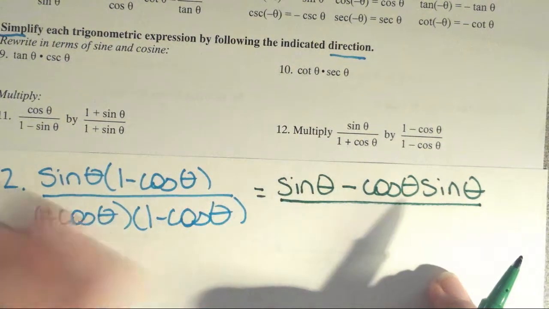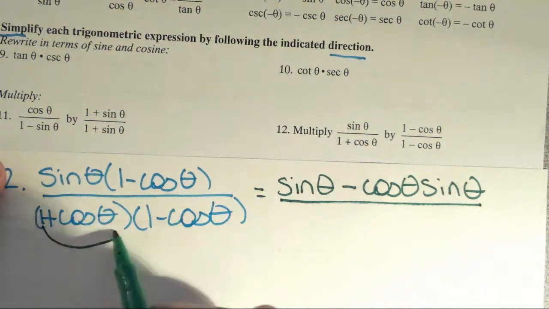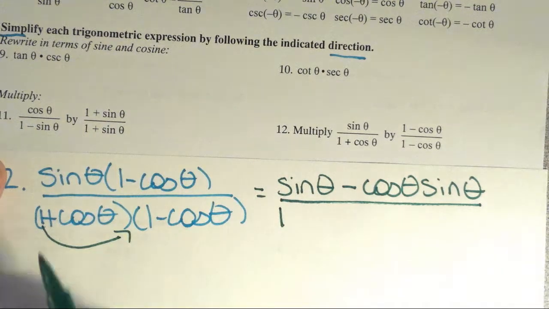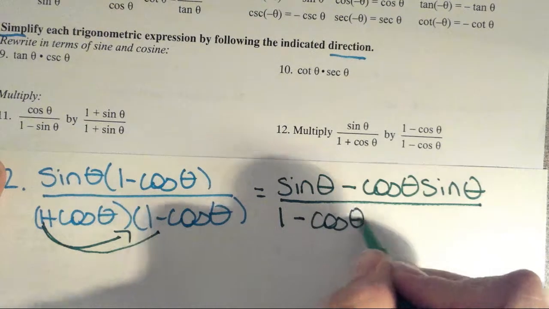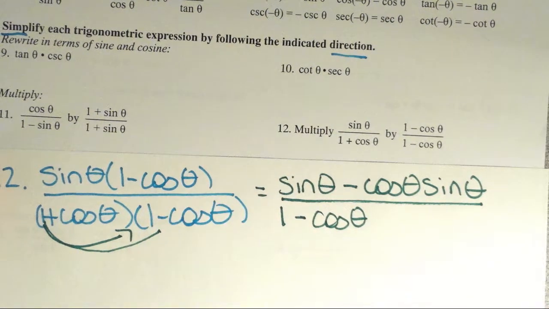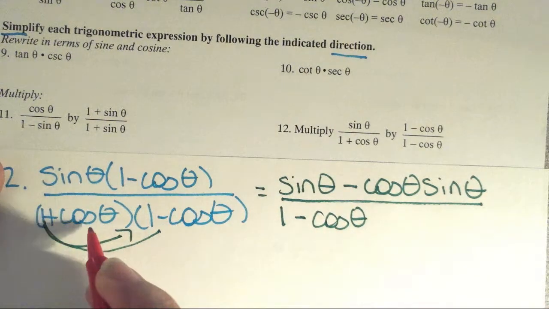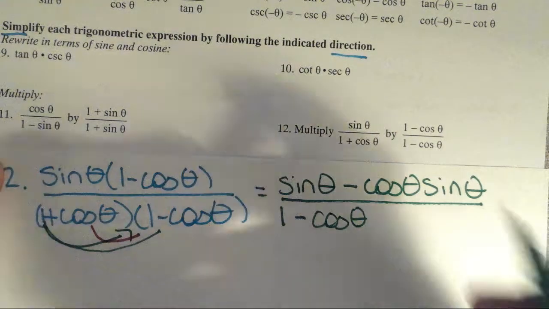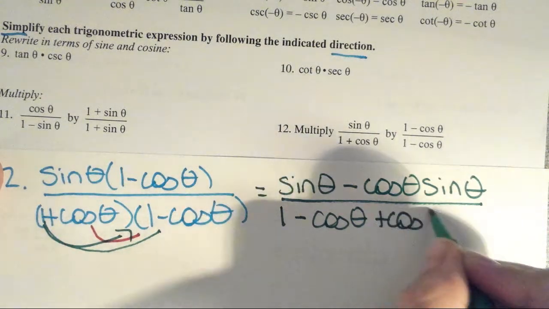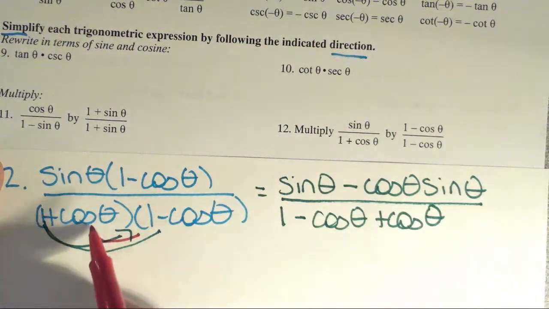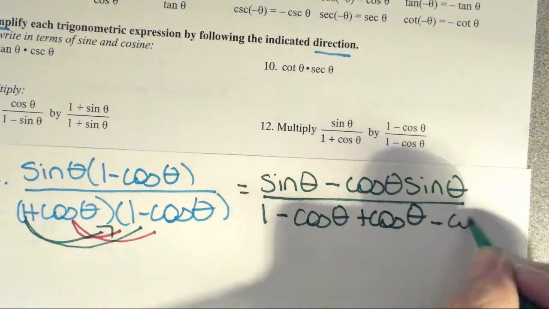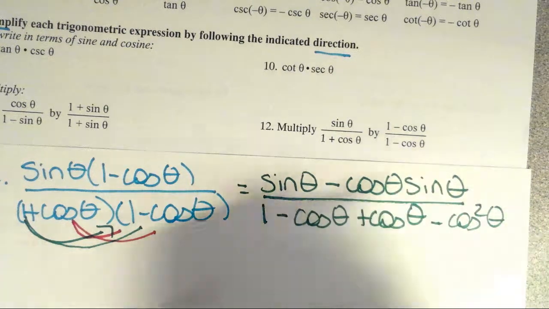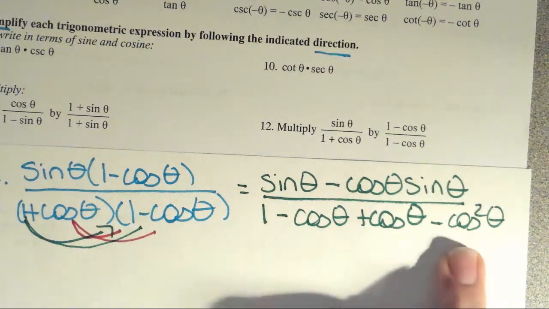Now I'm going to go do the bottom. We're going to FOIL. 1 times 1 is 1. 1 times negative cosine is negative cosine. Now I'm going to go multiply everything over here by the cosine. Cosine times 1 is a positive cosine. And cosine times negative cosine is a negative cosine squared, because cosine times cosine is going to be a cosine squared.